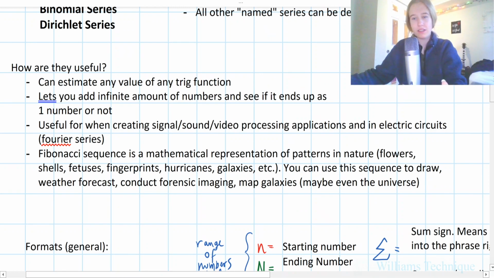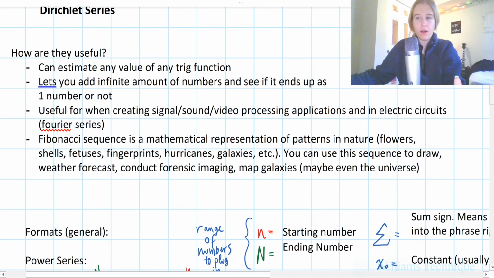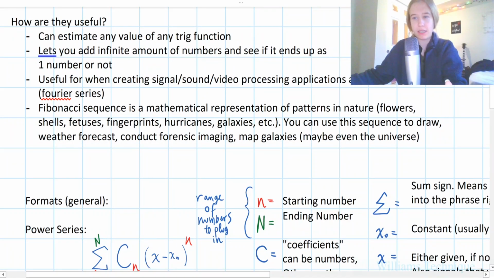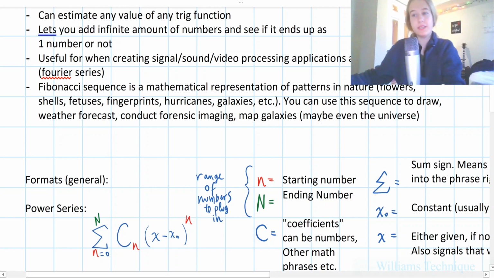It could be called the golden ratio, whatever, but essentially a lot of different natural objects follow the Fibonacci sequence, like flowers, shells, fetuses, fingerprints, hurricanes, and it can be used to draw in applications like Photoshop, or if you have one of those Mandelbrot set fractal mathematics applications, you can draw with that, or it can be used to forecast weather, conduct forensic imaging, or map galaxies, maybe even in the universe.